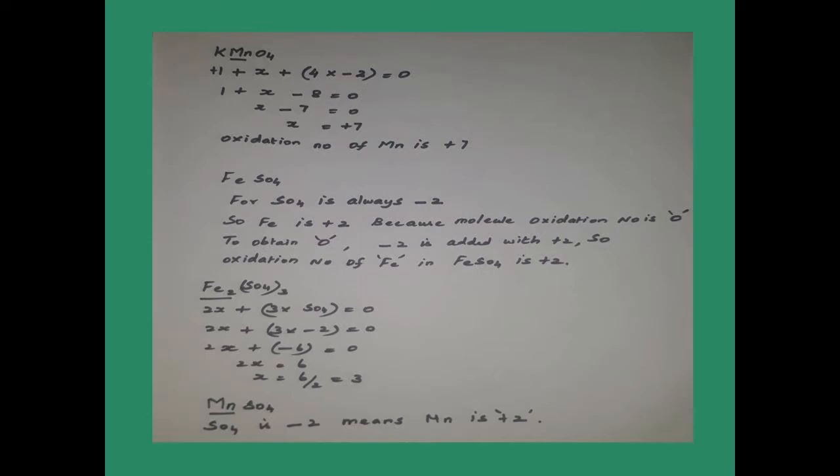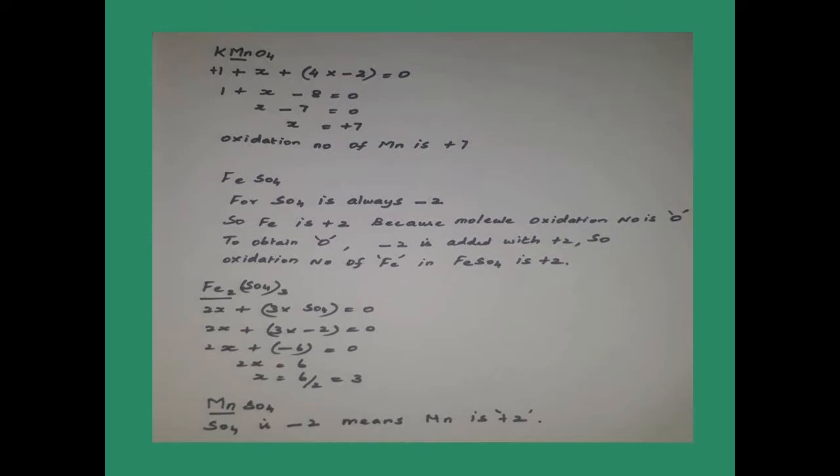For KMnO4, K value is +1, Mn value we don't know, so put X for that, and 4 oxygen is present, so 4 into -2, and it is a molecule, so put that equal to 0, and we get the X value equal to +7. This is the oxidation number of manganese, so +7.